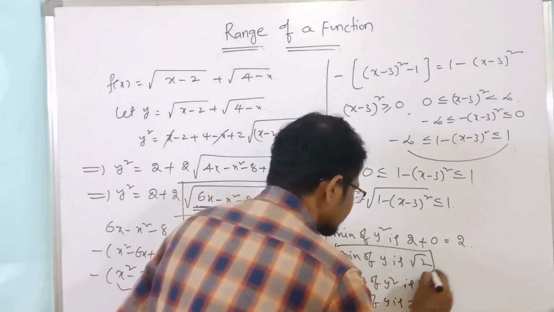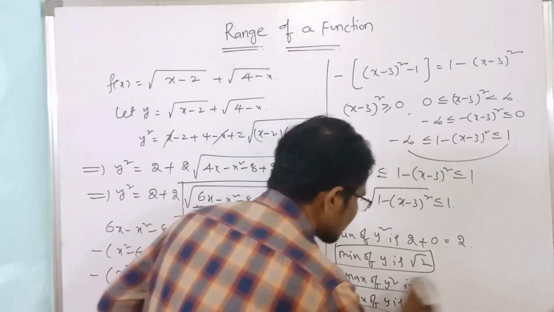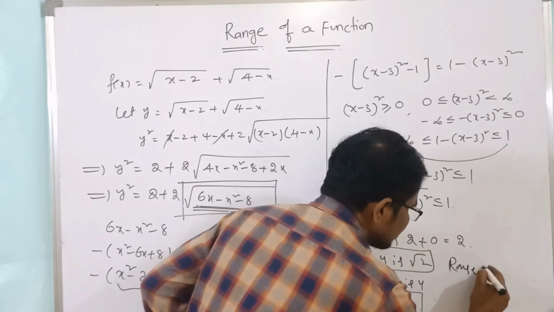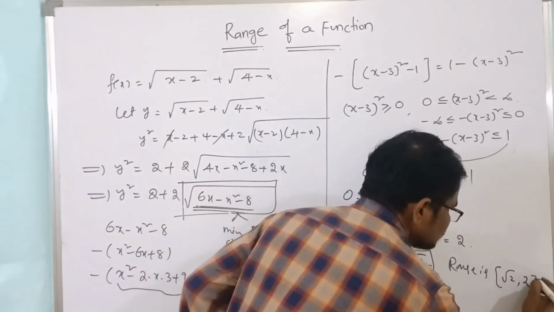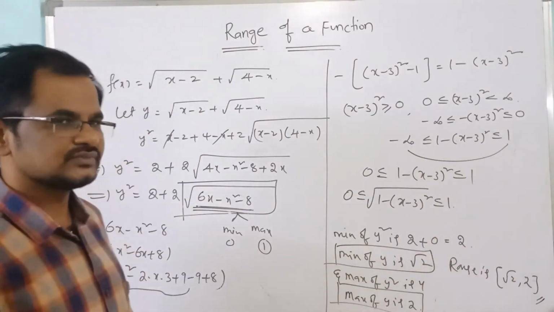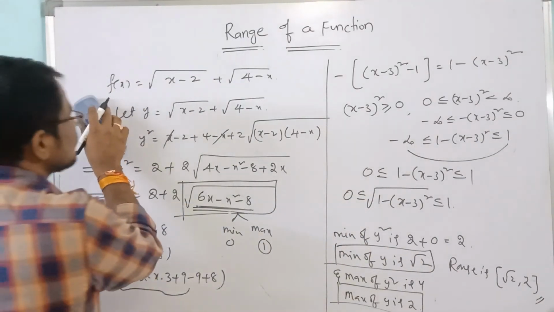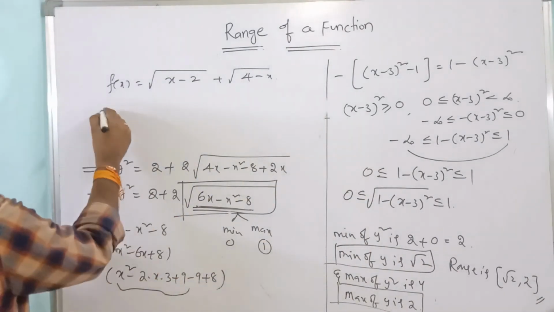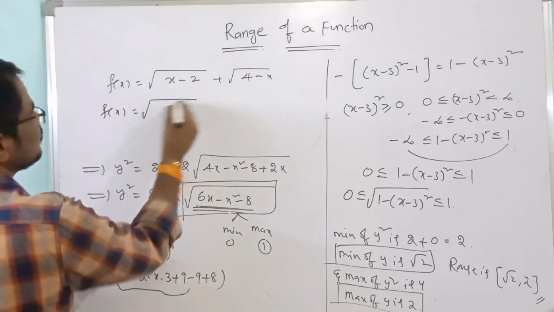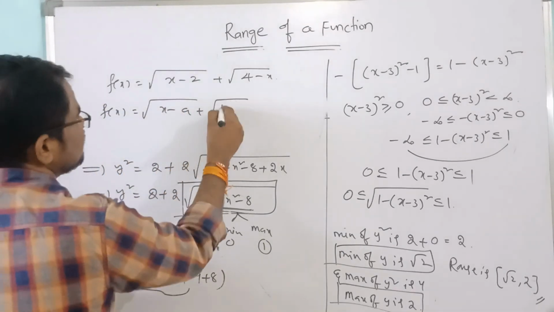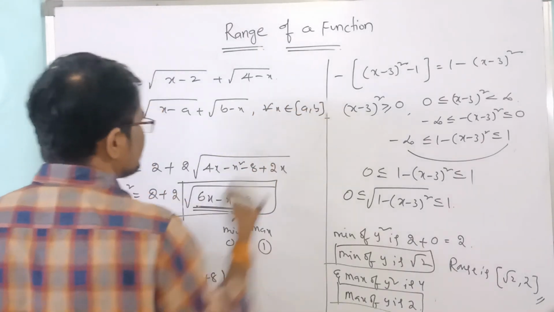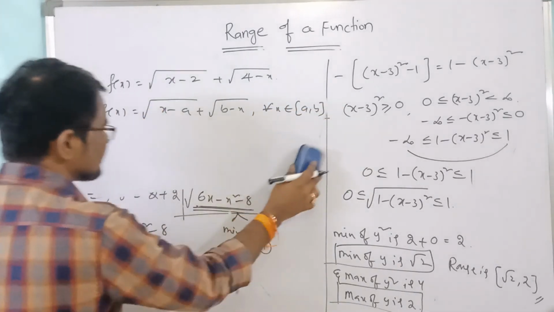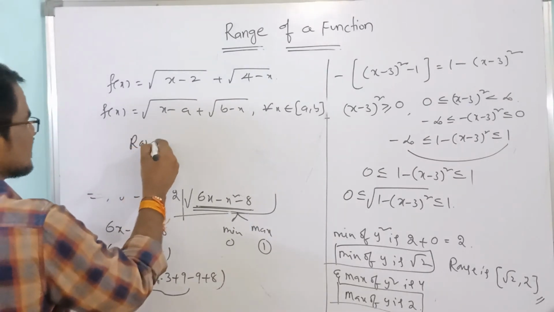That means the range is the closed interval root 2 to 2. Right? Like this we have to do. Actually, whenever the problem is like this, f of x equal to root of x minus a plus root of b minus x, for all x belonging to the closed interval a comma b, the range of this function we can directly find by this formula.